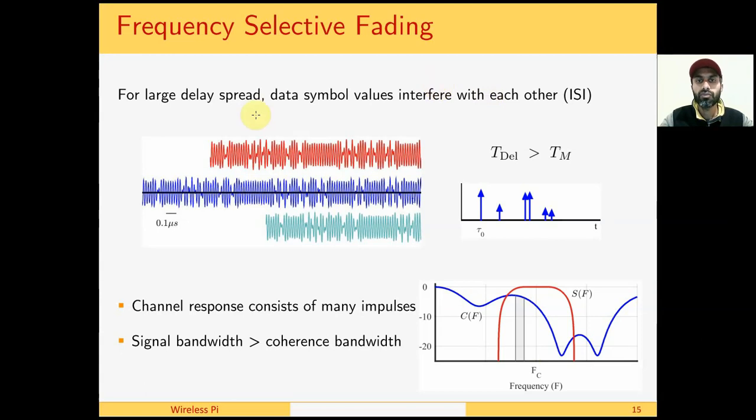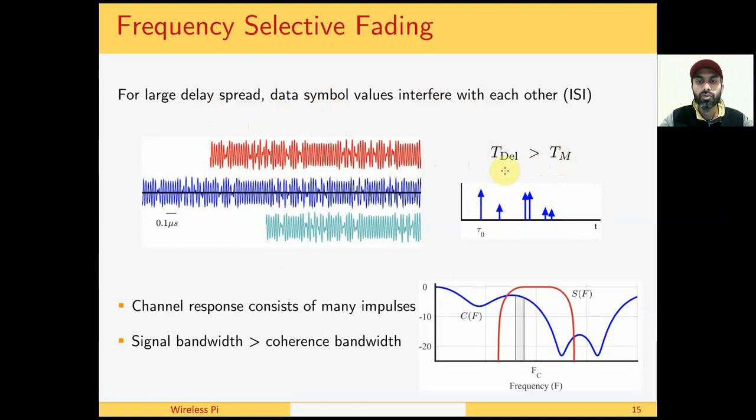Frequency selective fading is the other phenomenon, where a lot of inter-symbol interference occurs. The channel response shows several impulses arriving at different times. We say that the delay spread is greater than the symbol time, and this condition results in frequency selective fading.